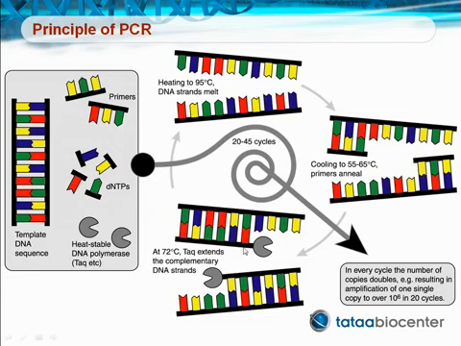In the third step, the temperature is set to about 72 degrees, which is optimum for the Taq polymerase to extend the primers by incorporating the nucleotides, creating complementary copies of the template strands. This effectively duplicates the original double-stranded target molecule.